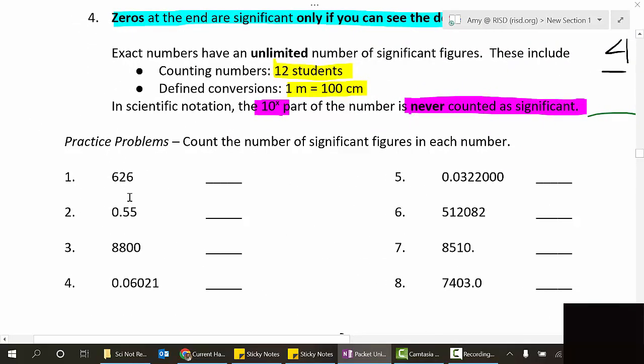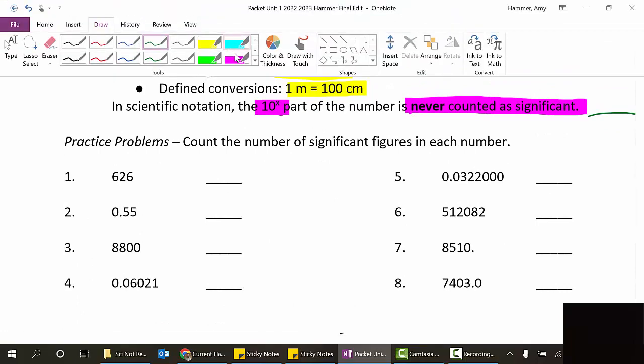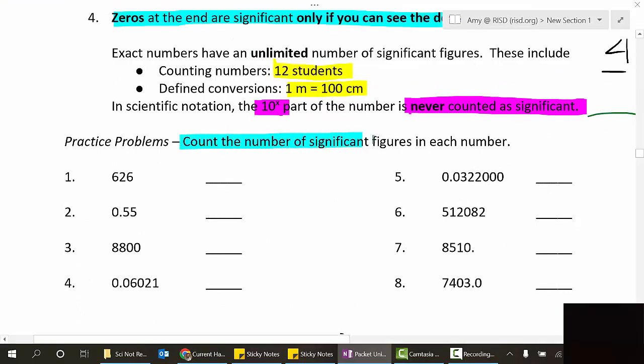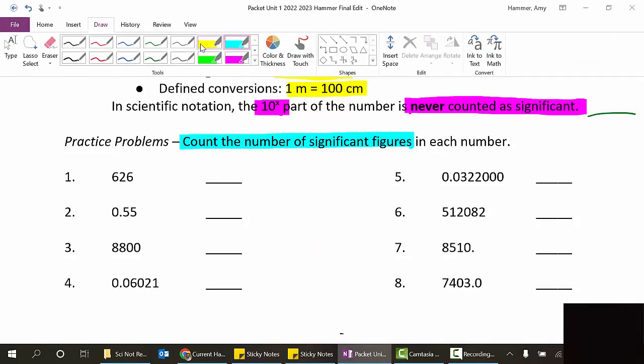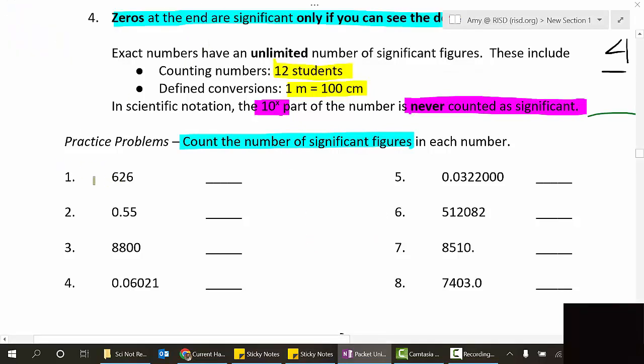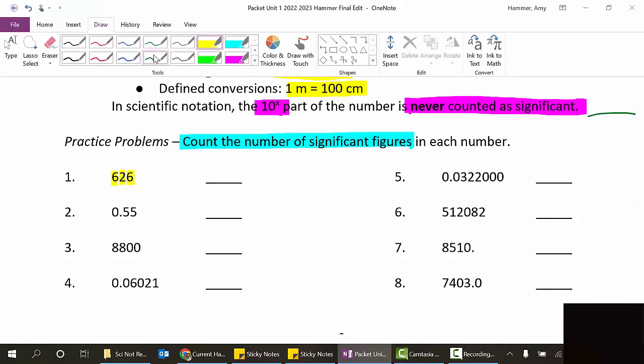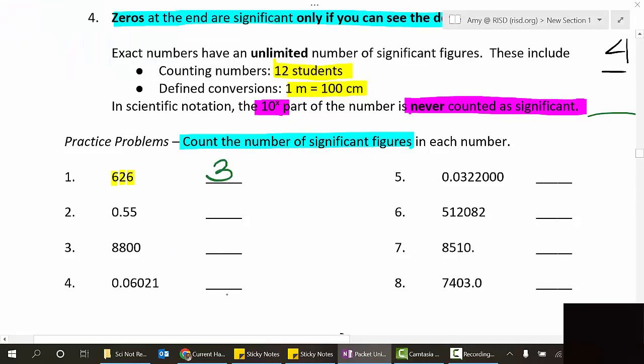Okay, so we're gonna do a couple practice problems and be done with this. So again, y'all, our only task right now is count the number of significant figures. Okay, so what I'm gonna do is I'm gonna highlight in yellow the significant figures in each number. So number 1, 626. Every single one of those digits is non-zero, so that number has 3 sig figs, all of them counted.